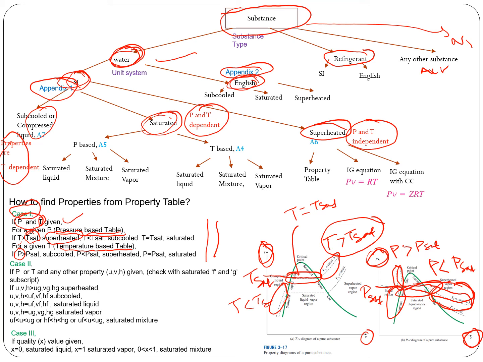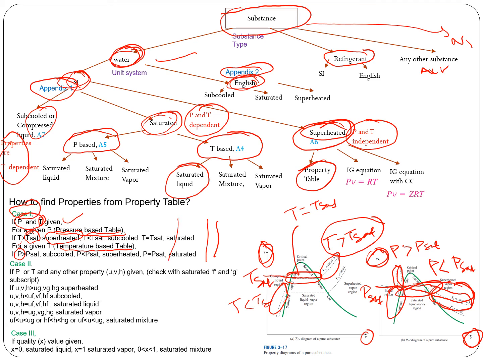For instance, if it is superheated, you go to table A6 for water and find the property value. If it is subcooled, you do it accordingly. If it is saturated, you have two tables: a pressure based table A5 and a temperature based table A4, and you can find the property accordingly.